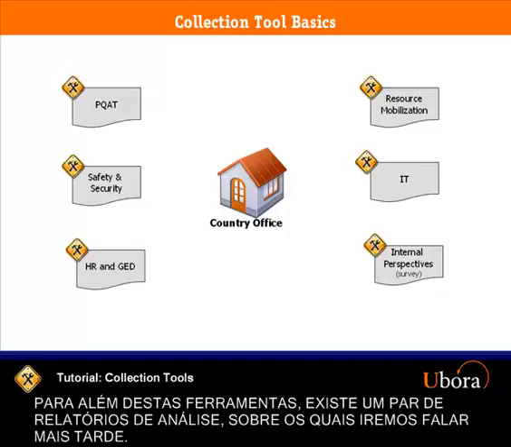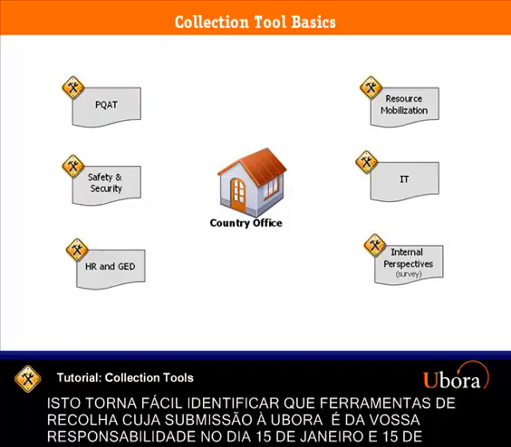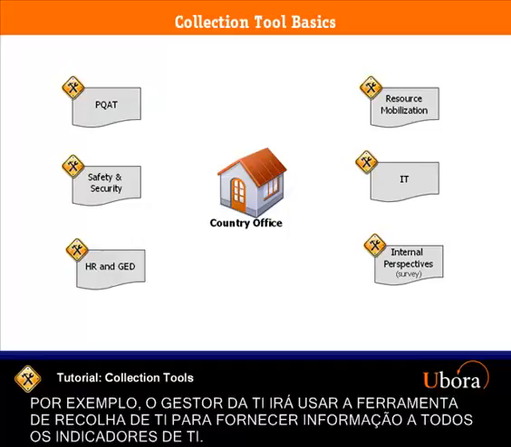In addition to these tools, there are a couple of analysis reports, which I will talk about later. Collection tools are separated by role or job duty specific to the country office. This makes it easy to identify which collection tools you are responsible for submitting on January and July 15th to Ubora. For example, the IT manager will use the IT collection tool to provide data for all IT indicators.